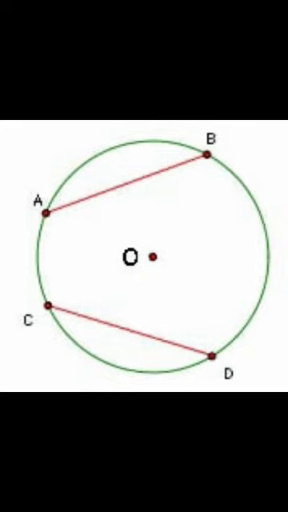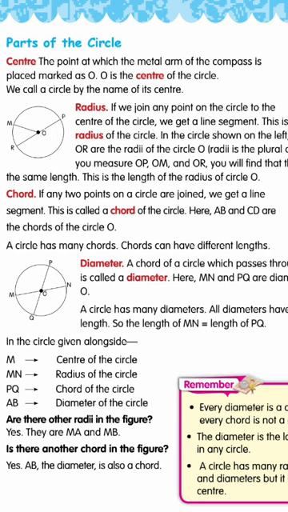Now this is a circle with center O, and here AB and CD are the two chords of the circle O. A circle can have many chords, of different lengths.